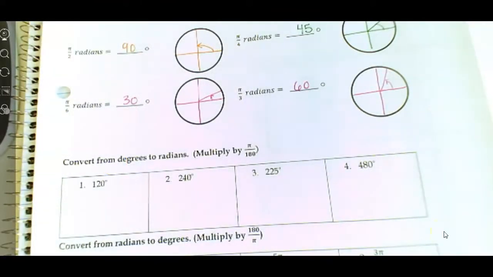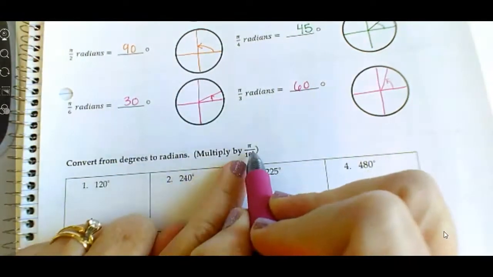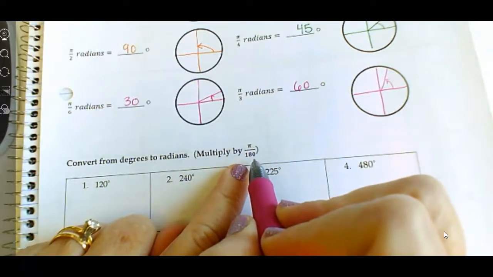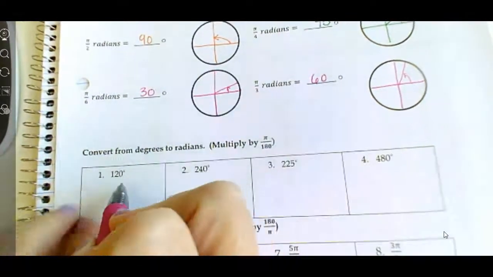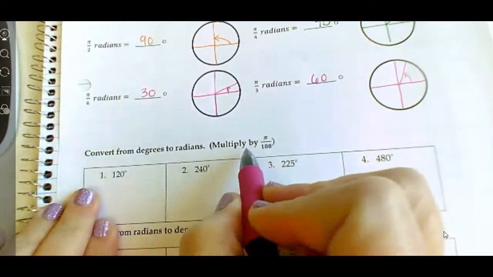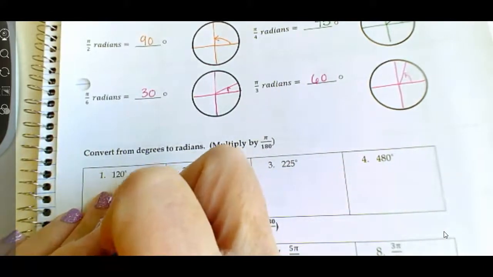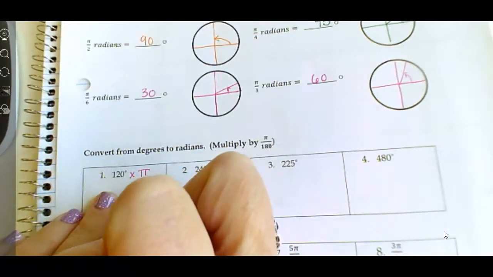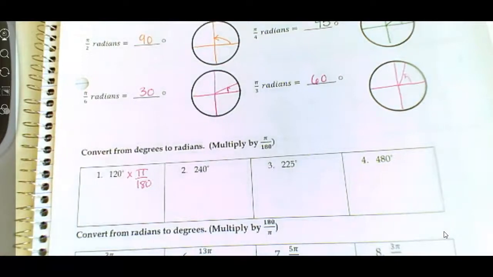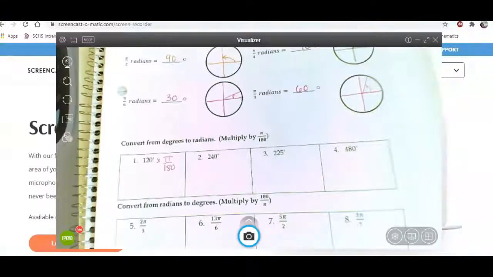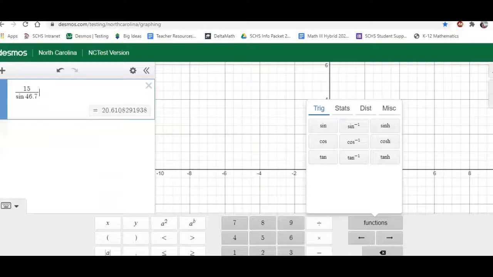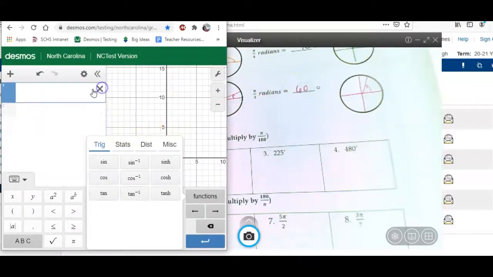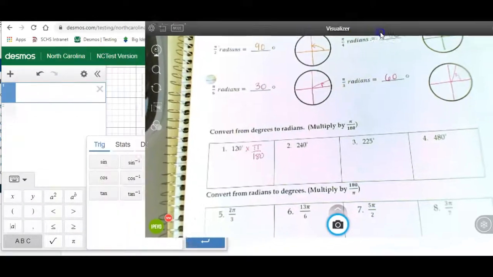So what you do when you change it from degrees to radians, basically, is you multiply by pi over 180. Okay? So if I'm going to change 120 to radians, I'm going to multiply by pi over 180. Now, in Desmos, what that means is not that I'm actually going to multiply by pi over 180. Okay? So let's get rid of all of this stuff here.